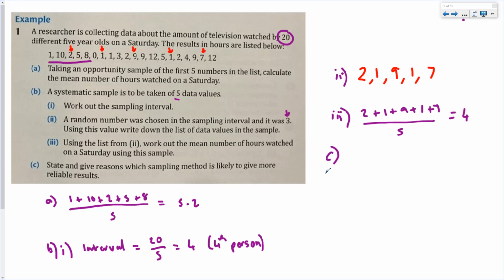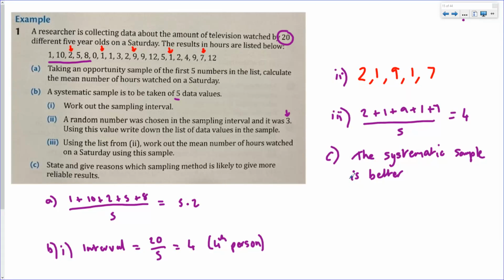So part C is asking us to state and give reasons which sampling method is more likely to give the reliable results. Always a systematic sample will provide better results than an opportunity sample. Okay, so it's better.